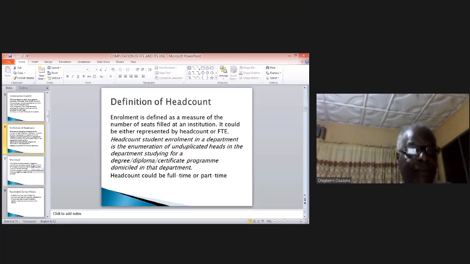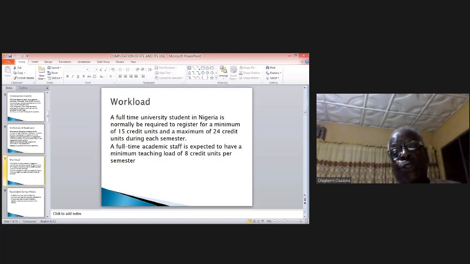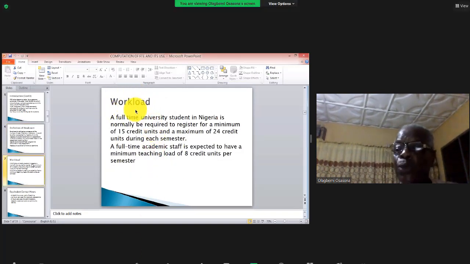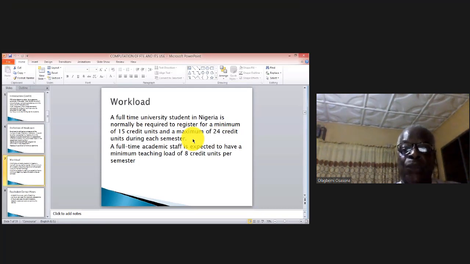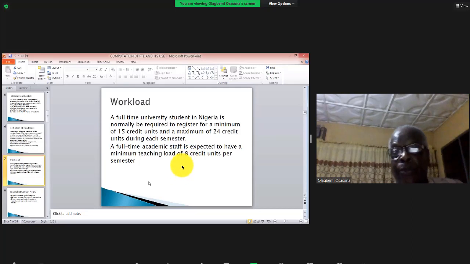That is headcount. When we want to talk about the workload, a student in a Nigerian university is expected to register for a minimum of 15 credit units and a maximum of 24 credit units in each semester. A full-time academic staff, let's assume, I know these have changed, is expected to have a minimum workload of 8 credit hours per semester.